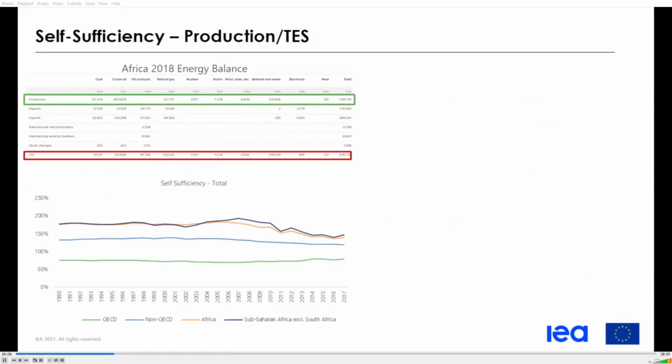A rate of over 100% indicates a national production surplus in relation to domestic demand and therefore net exports. For Africa, if you remove biofuels from the energy mix, then the self-sufficiency declines a lot. In sub-Saharan Africa, a very high self-sufficiency rate is due to the top oil producers.